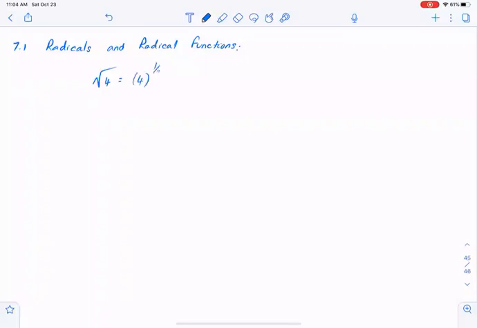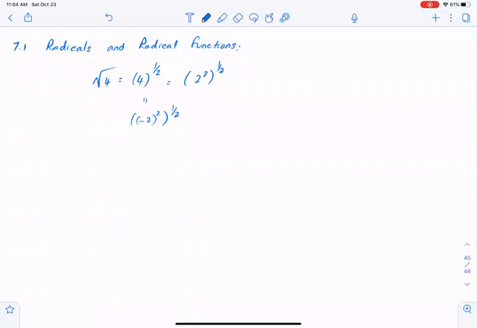The radical can be written as 4 raised to the power of 1/2. We know 4 is a perfect square, so I can write it as 2 squared raised 1/2. But I can also write it as minus 2 squared raised 1/2.